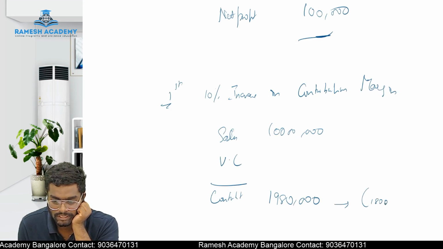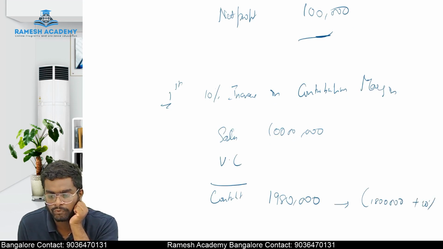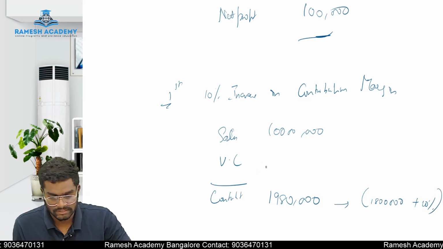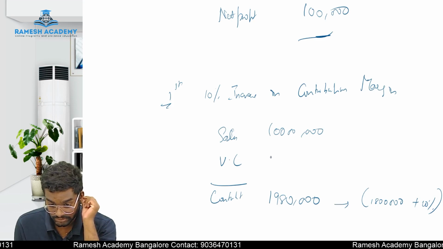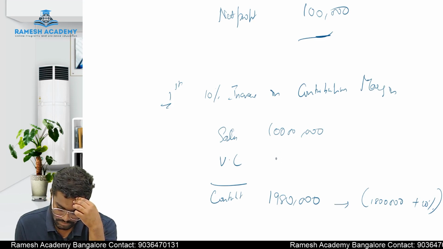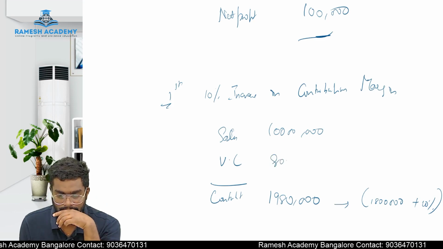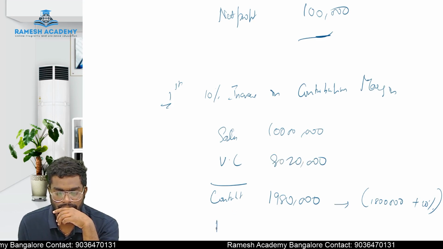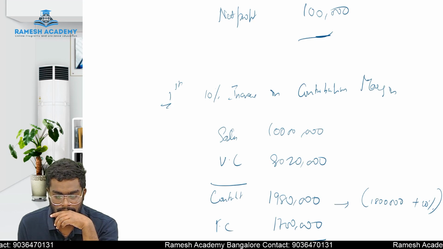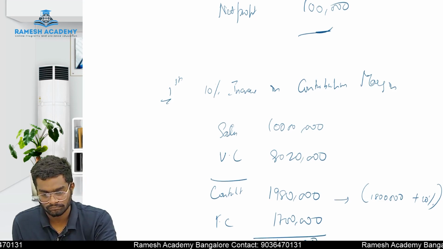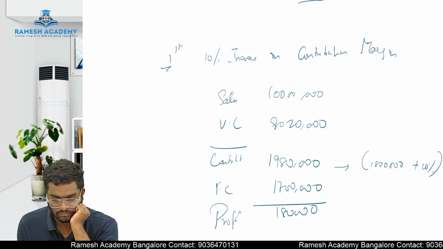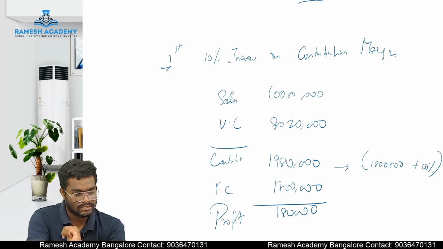If you take in your calculator 18 lakhs plus 10%, you will get the same thing. So the balancing figure is my VC, which is 80 lakh 20. Fixed cost will be fixed every time unless told. So here contribution is 19 lakh 80 and profit is 1,80,000. So this is the answer for our first scenario.